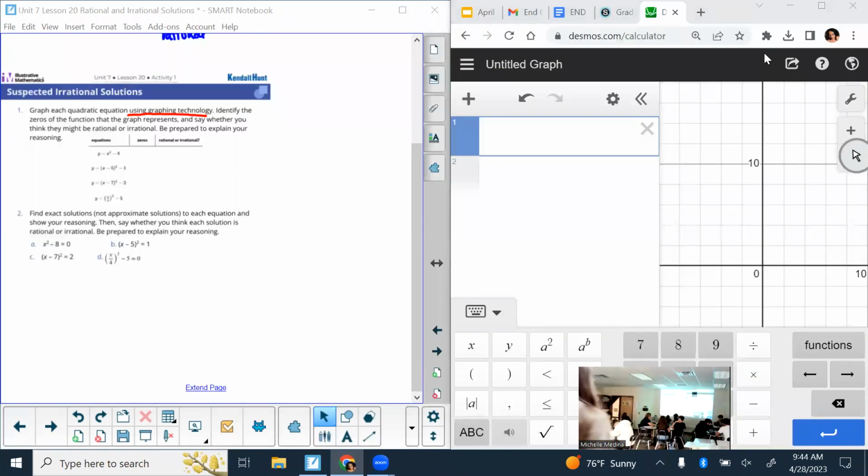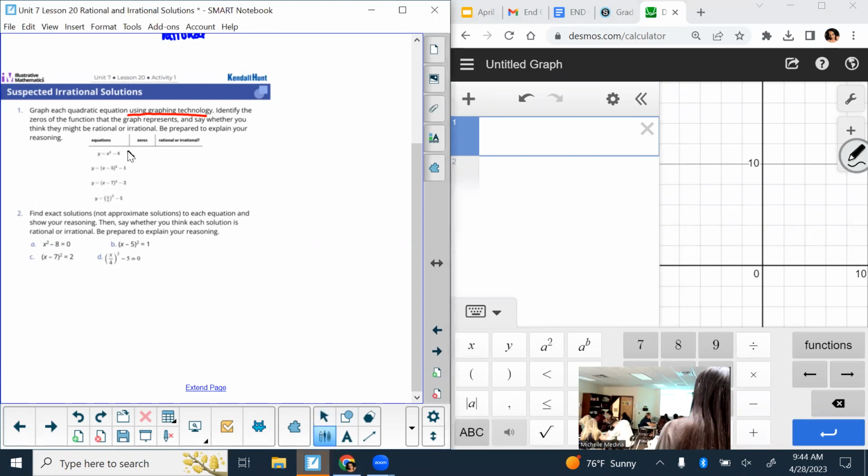All right, table 7, what did you get for the zeros for the first equation? Super easy. This is really testing you on, can you type?